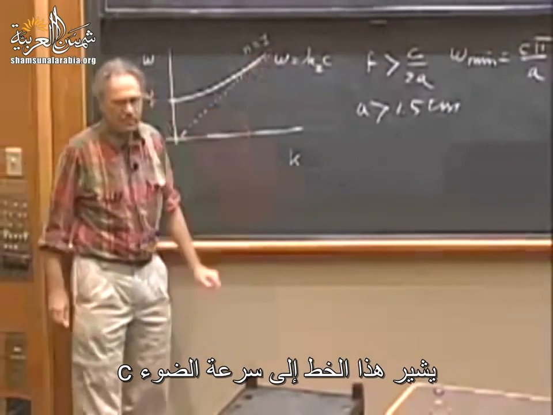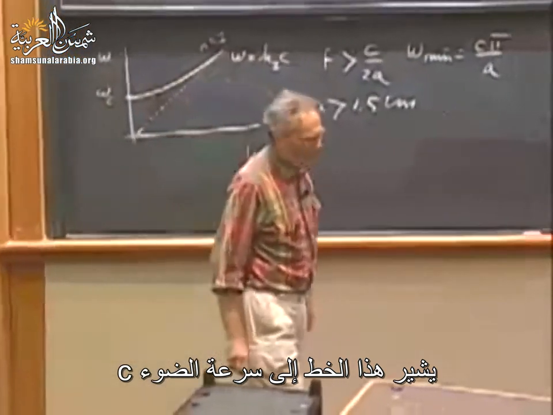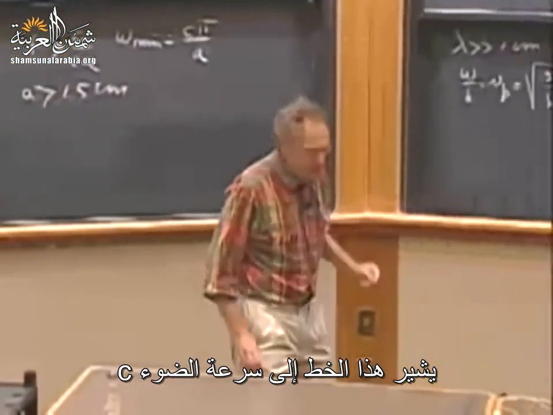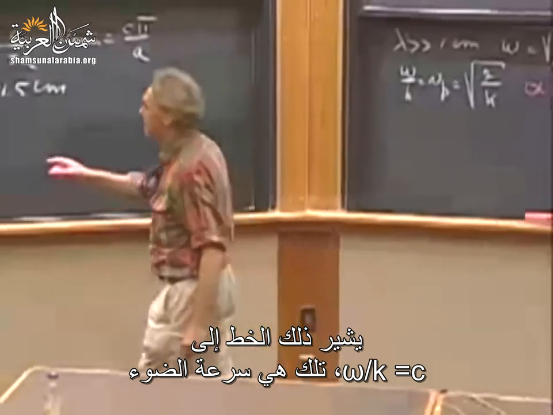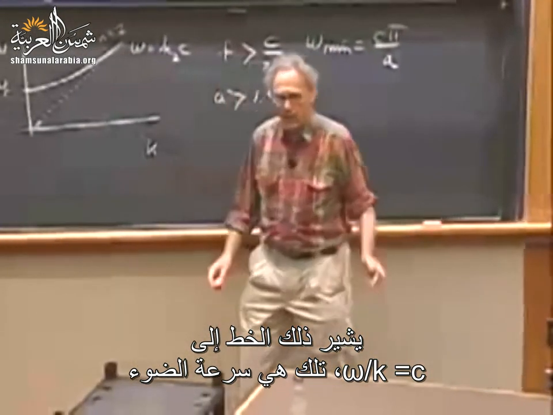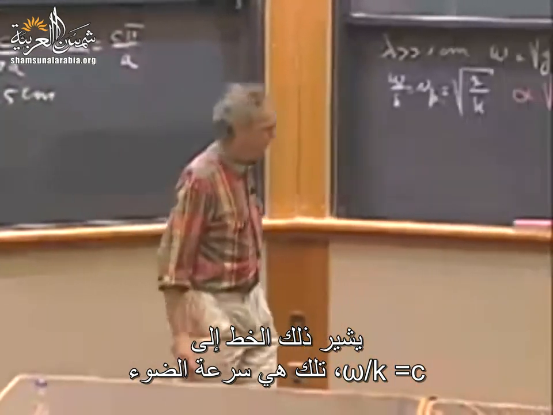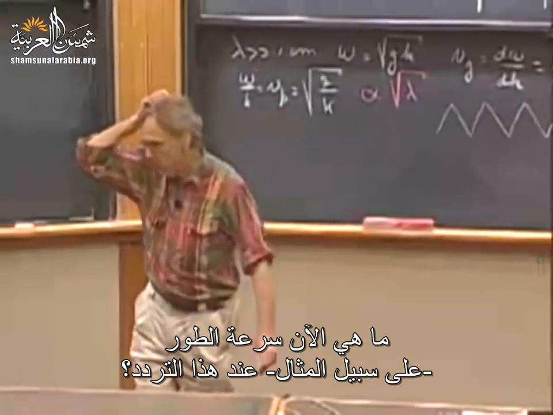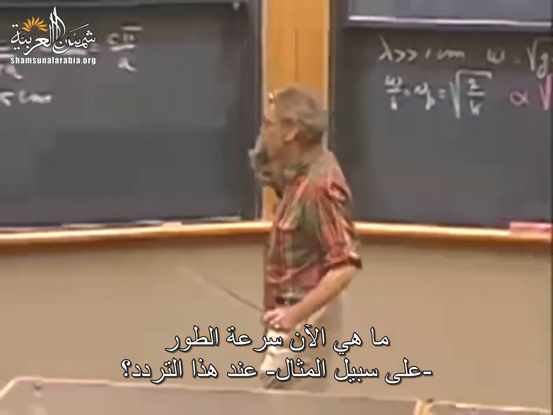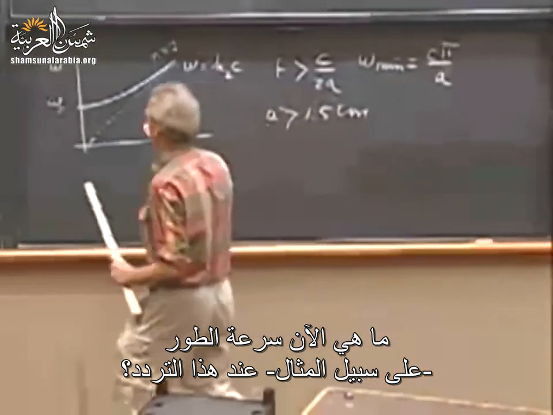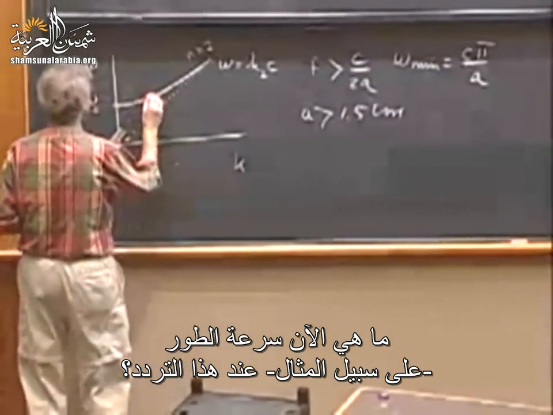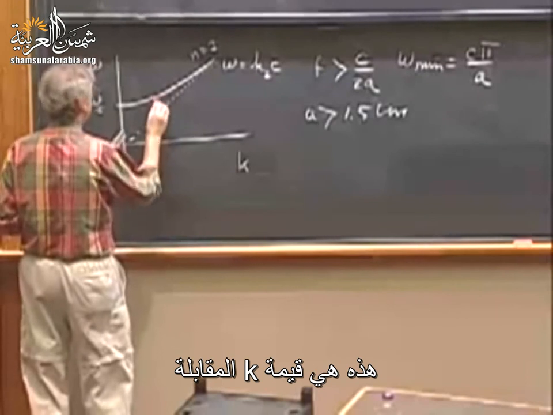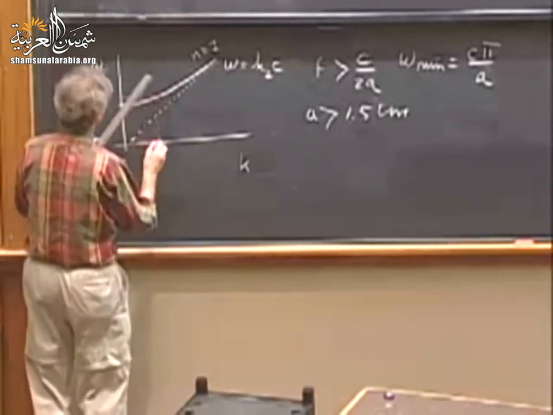This line indicates the speed of light c. That line indicates that when omega divided by k is c, that's the speed of light. So what now is the phase velocity, for instance, at this frequency, so that has this value for k? Well, it's this.